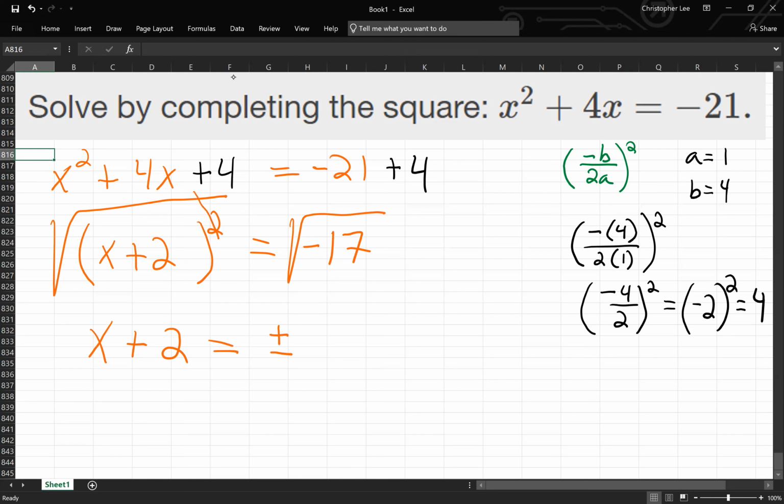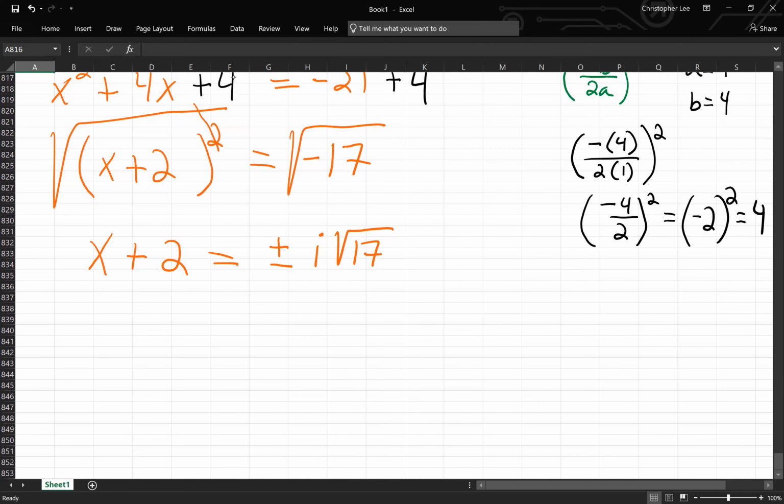Plus or minus what? 17 times what? Times i. So it's plus or minus i square root 17. Very simple.